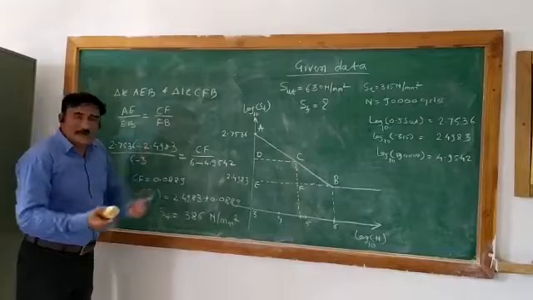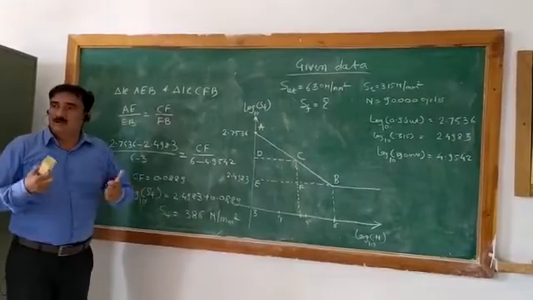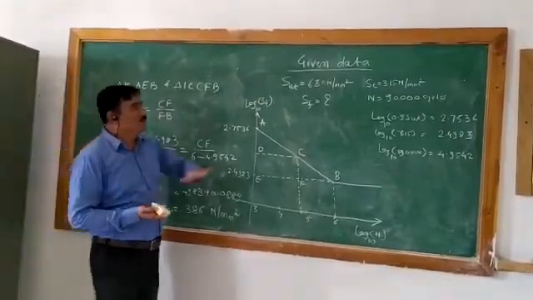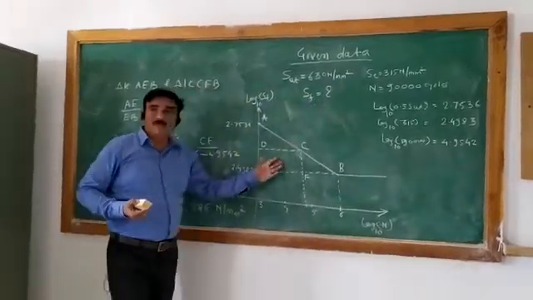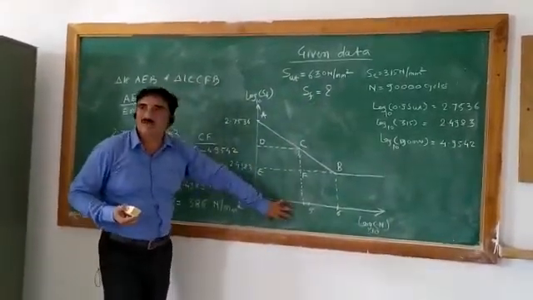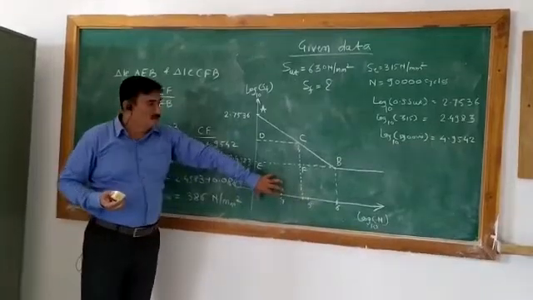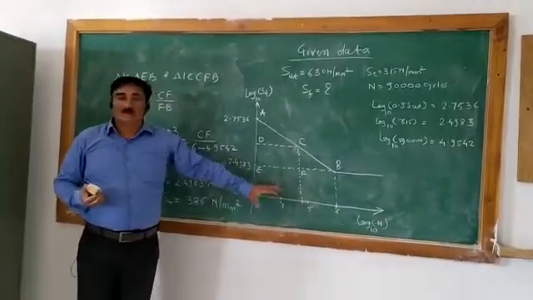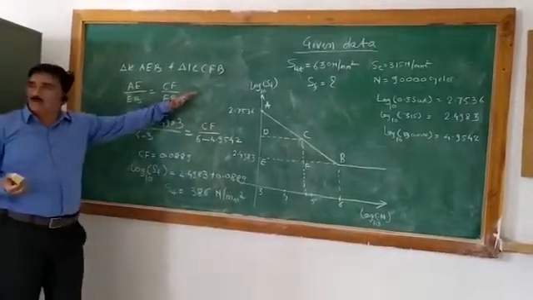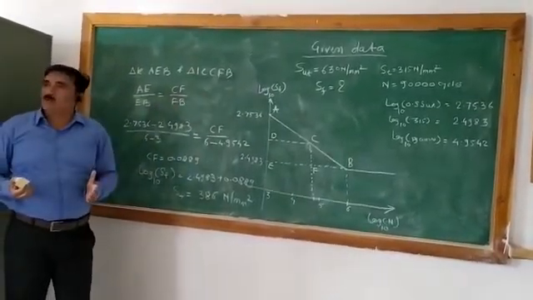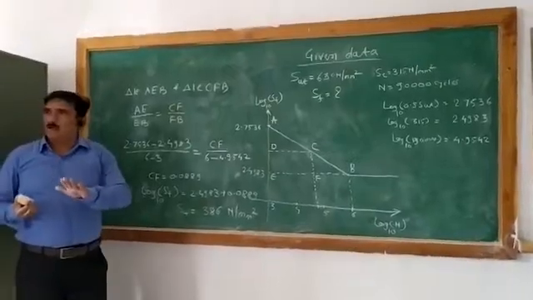Now, another example is there. They will give you the value of SUT, the value of SE, and they will provide you the value of SF. By the same process, you need to calculate the number of cycles. So this is the basic idea of how we can draw the SN curve and what steps we need to carry out, and again I would like to summarize this.